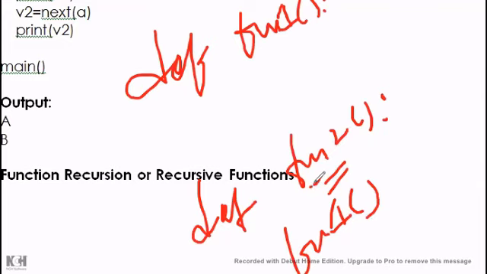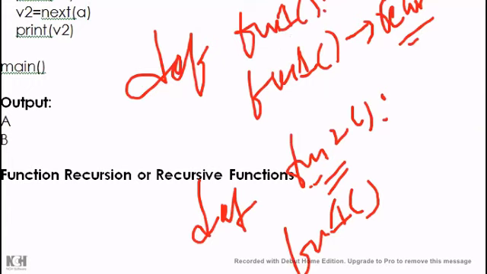Function 2. But if function 1 is calling itself, then this is called a recursive call. Recursion means calling itself.